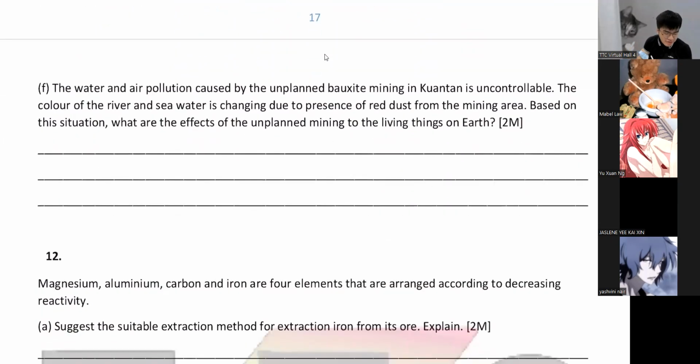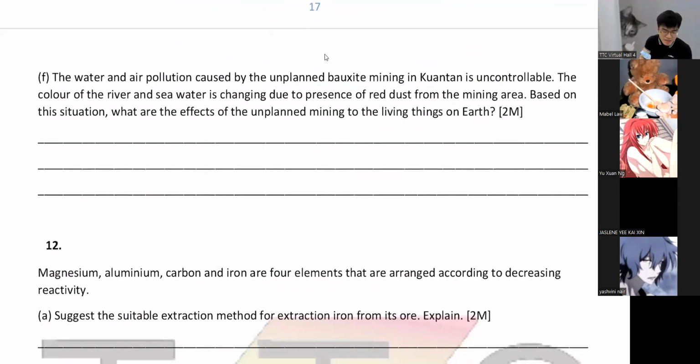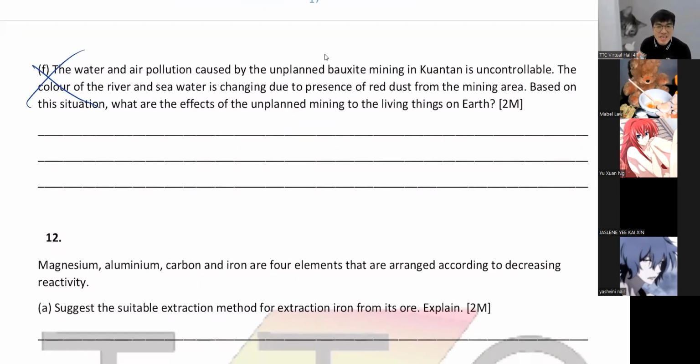Right, anyway, so F, the water and air pollution caused by unplanned bauxite mining in Kuantan is uncontrollable. Goodness me, I'm going to skip this. What are the side effects of unplanned mining to living things on Earth? Guys, this is pollution. Please answer this yourself. This is in geography. Apakah kesan sampingan pelombongan?